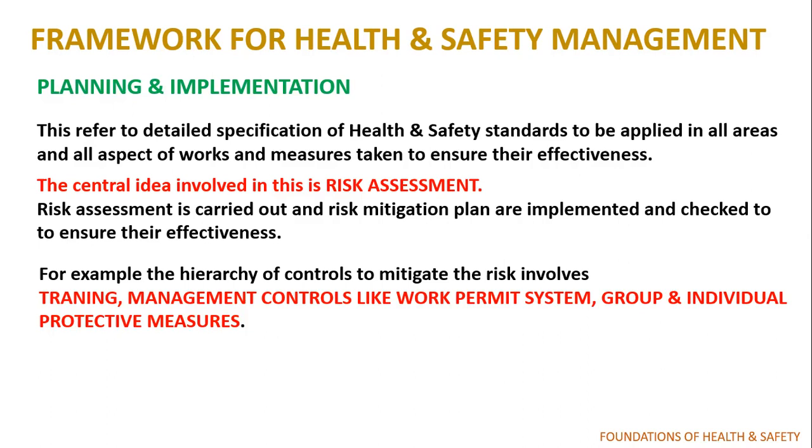Once the risk assessment has been conducted, the control measures to mitigate the risk are training, management controls like the work permit system, and group and individual protective measures. All of these aim to mitigate the risk. The risk assessment is carried out, and the risk mitigation plans are implemented and checked to ensure their effectiveness. For example, the hierarchy of control, as we saw.